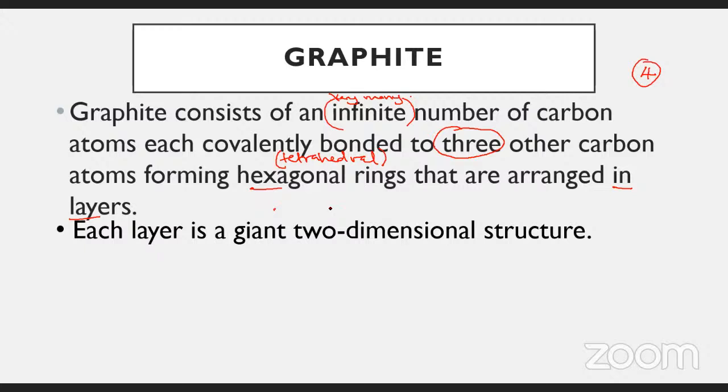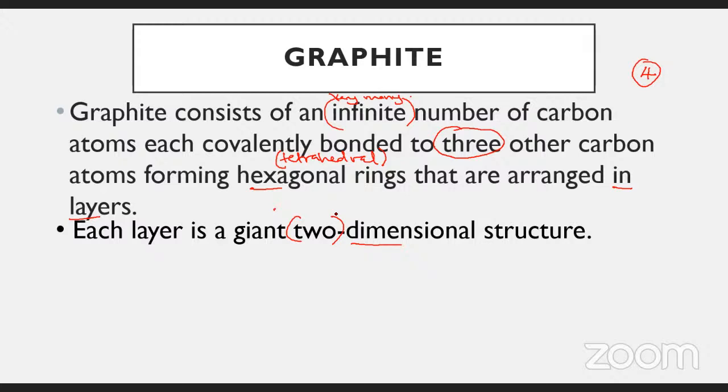Diamond is tetrahedral, that's fine. But we also talked about something like dimensional structure. Here we are saying that each layer is a giant two-dimensional structure. How about for diamond? What is the dimensional structure there?